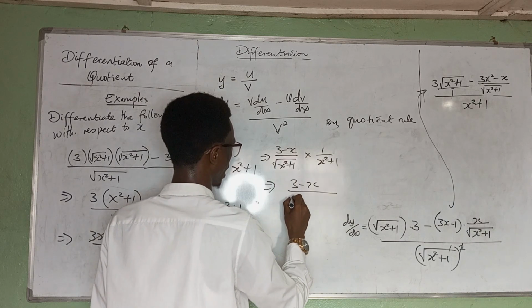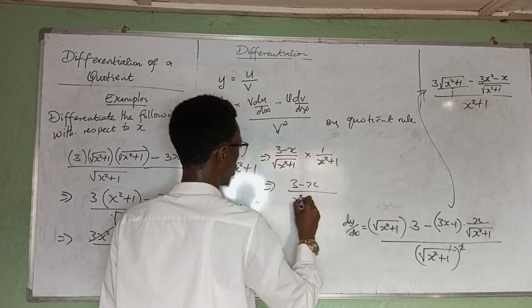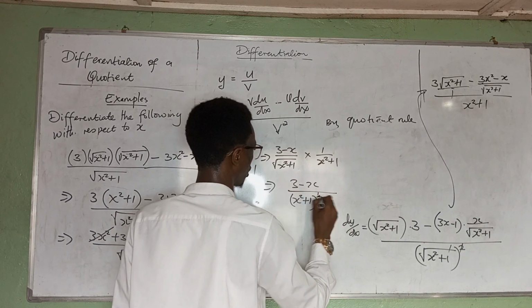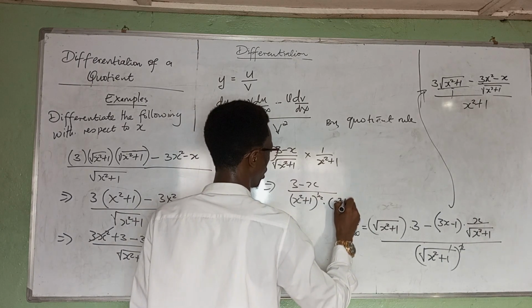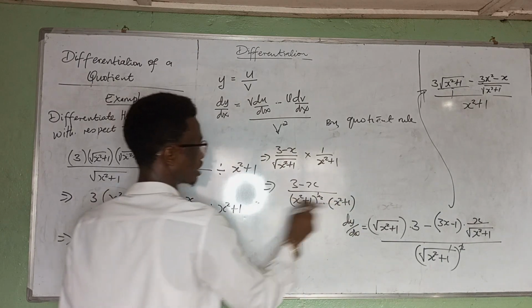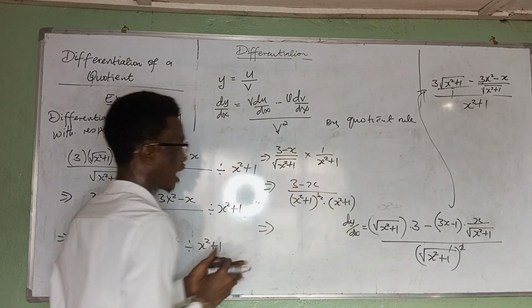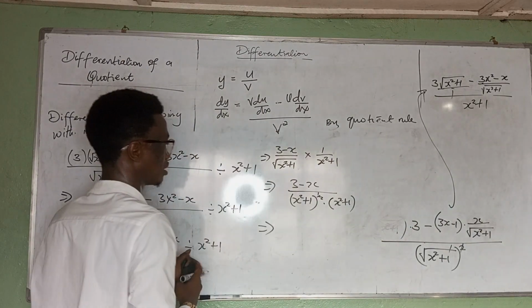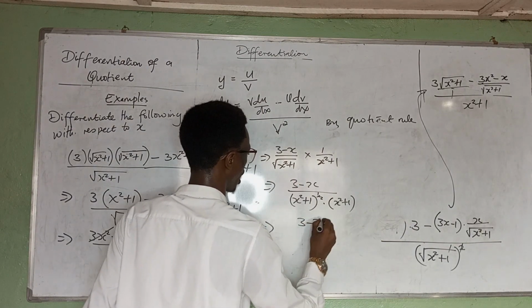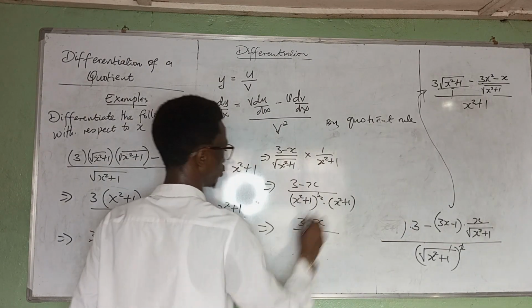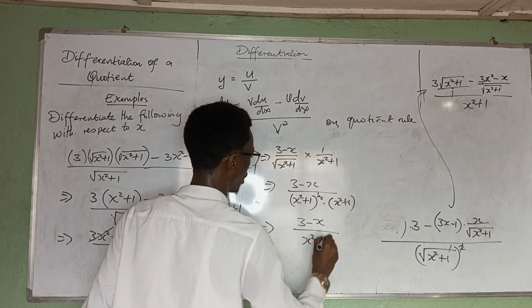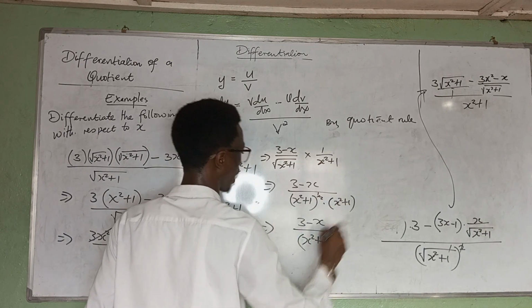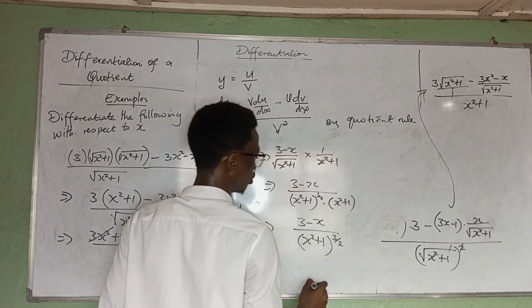This is x squared plus 1 to the half. Then you have again x squared plus 1. When the bases are the same, you take 1 and add the powers. So this becomes 3 minus x divided by x squared plus 1, and if you add half plus 1 it becomes 3 over 2.